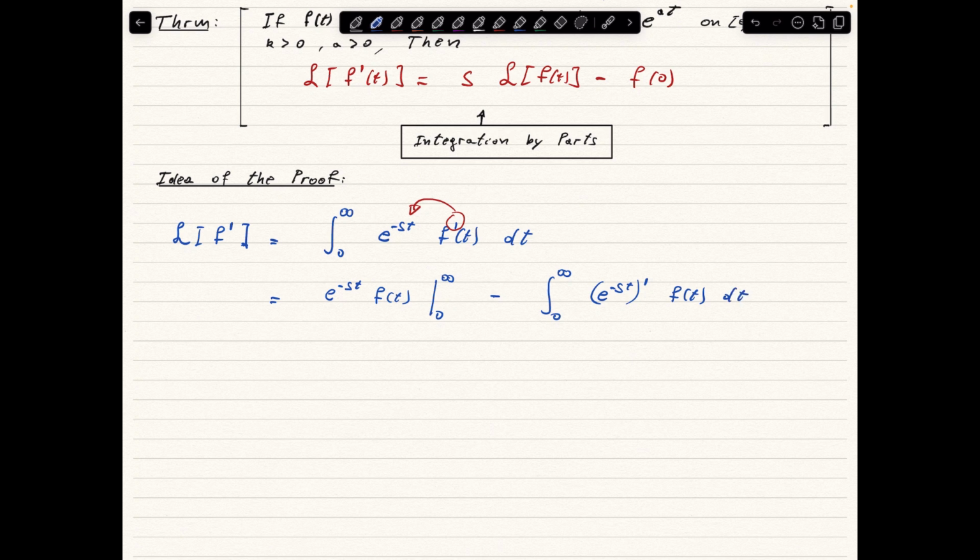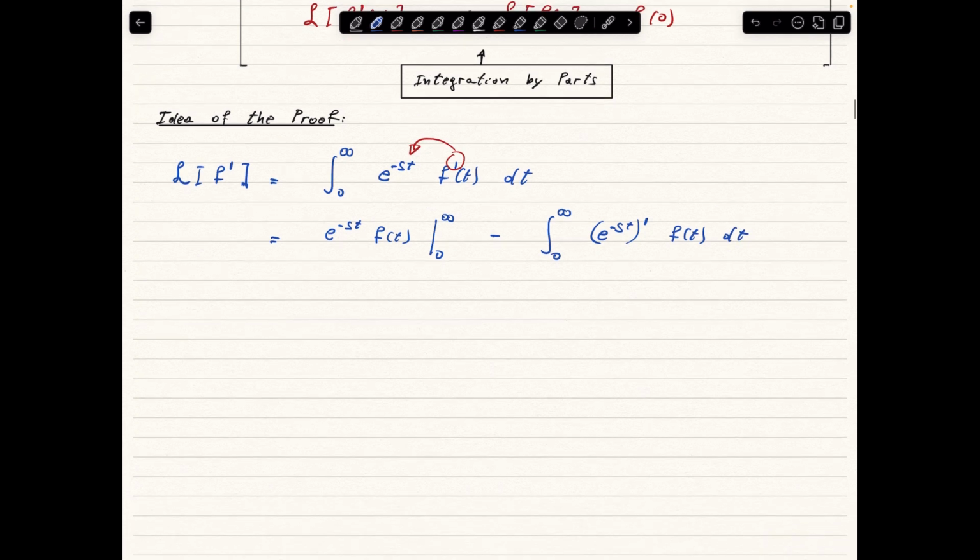And you see where the multiplication by s is going to come from. Here we have the limit as n goes to infinity. Recall what we mean by this infinity here, where we take the limit of exponential negative sn times f of n, and then minus at 0. At 0 we have f at 0 only.